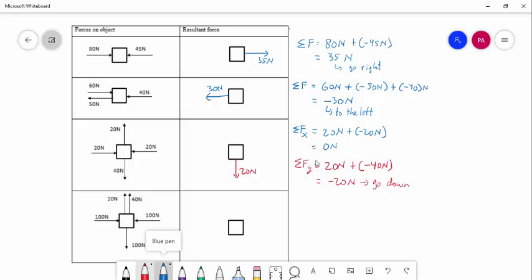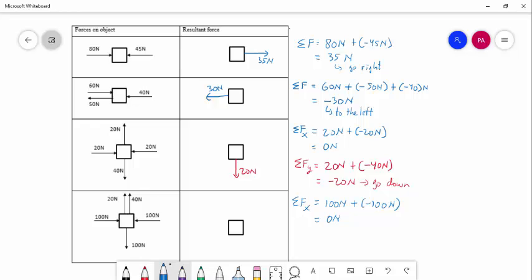Okay, for number 5, just like before, 100 Newton plus negative 100 Newton equals 0 Newton. So there is no arrow on the horizontal axis.